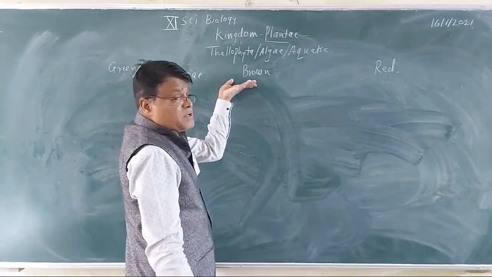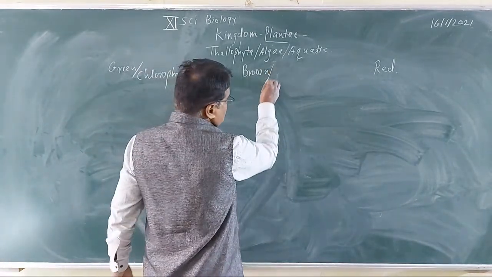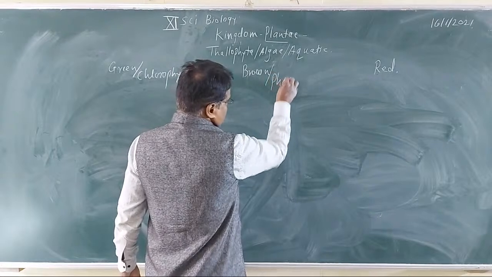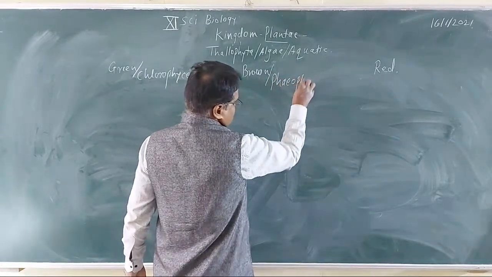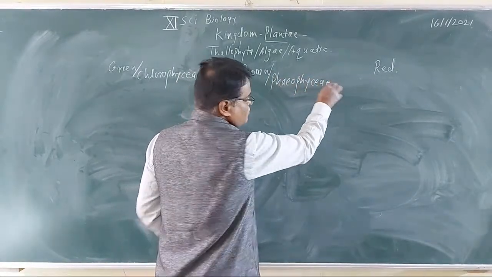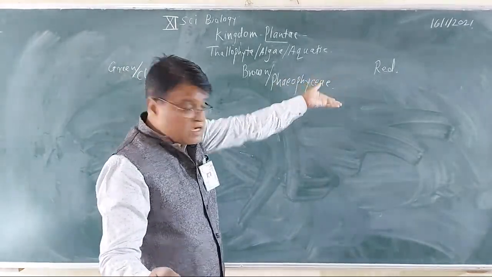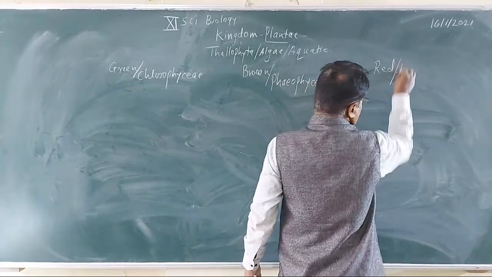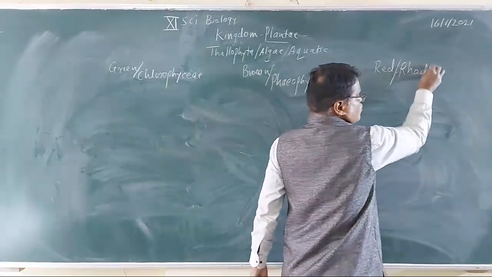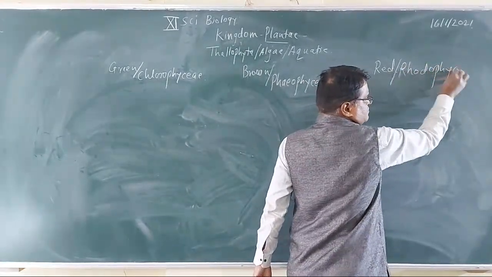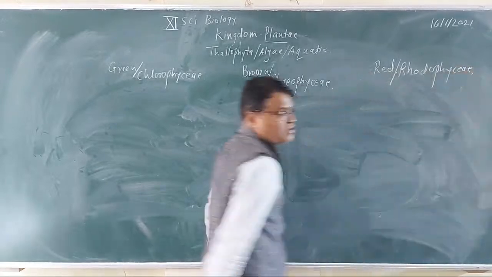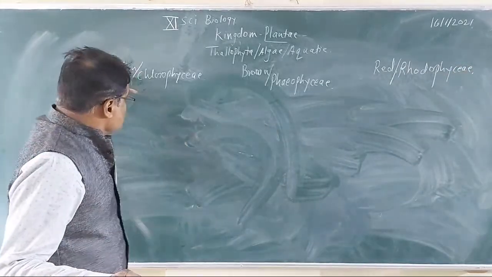The brown pigmented algae are known as phaeophyceae. Next, the red algae are known as rhodophyceae.